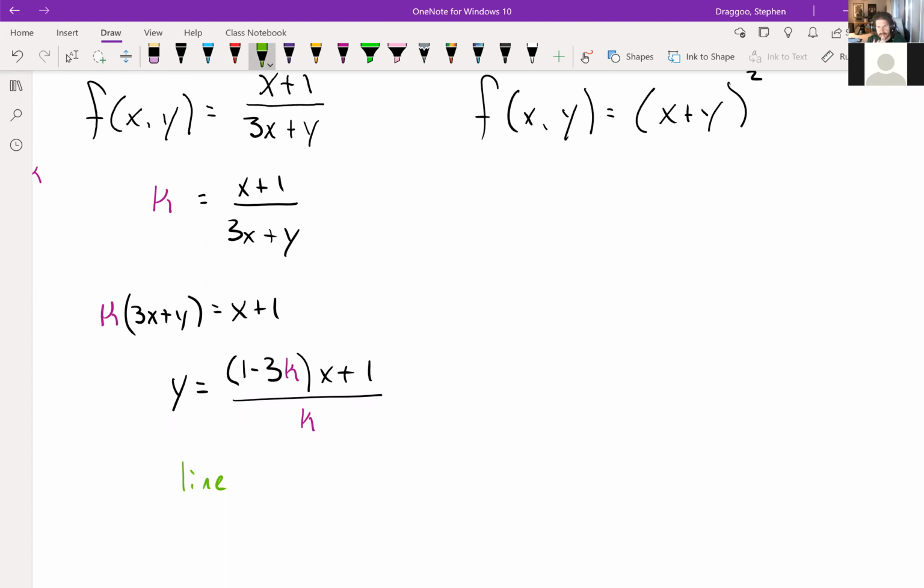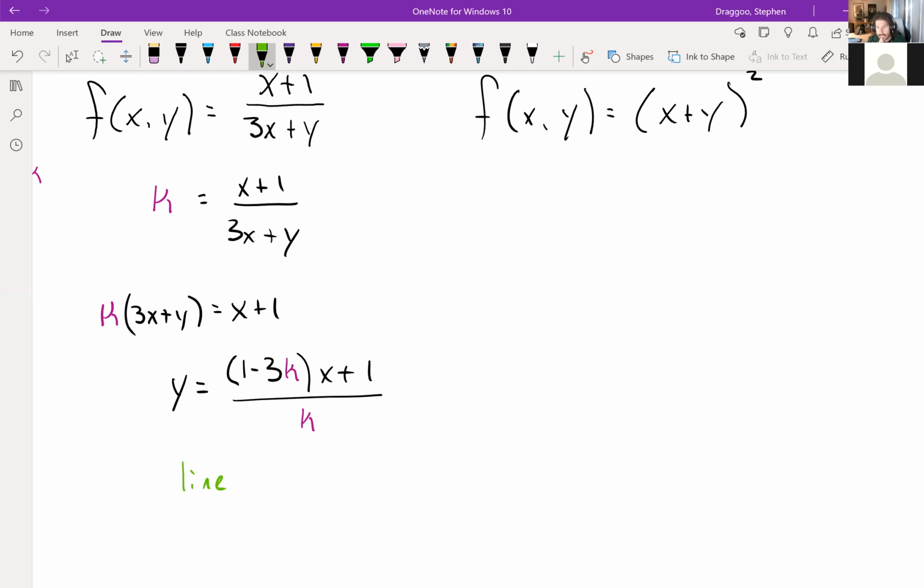If I simplify the thing, multiply the k all the way through, I'll get 3kx, subtract that to the other side. Then I'll have ky, which I'll divide the k over. But it's again just y equals mx plus b. M is kind of fancy in this case, the 1 minus 3k over k. But that's still just a constant number, so I can treat it as a slope.